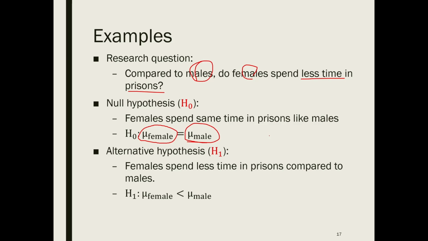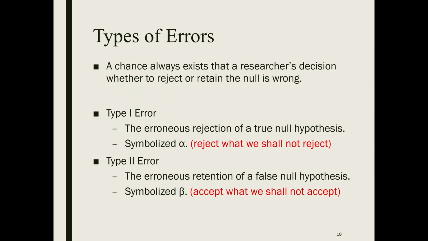It really depends on the research question you ask. Now take a look at the research question. Compared to males, do females spend less time in prison? Is there a direction? Yes. The direction from the research question is that females spend less time, right? So the alternative hypothesis will be that females spend less time in prison compared to males.